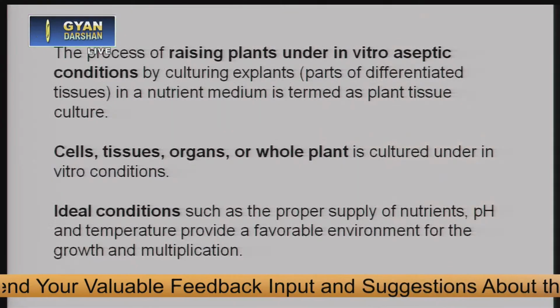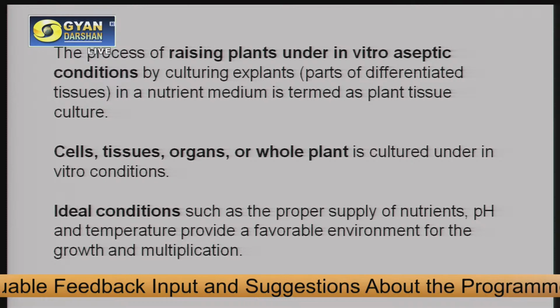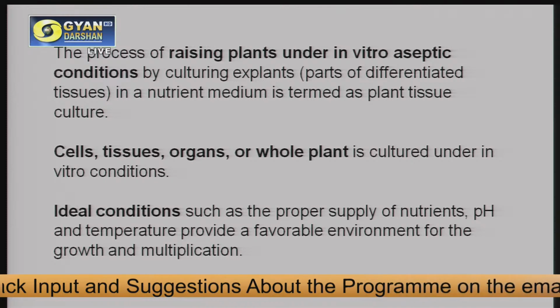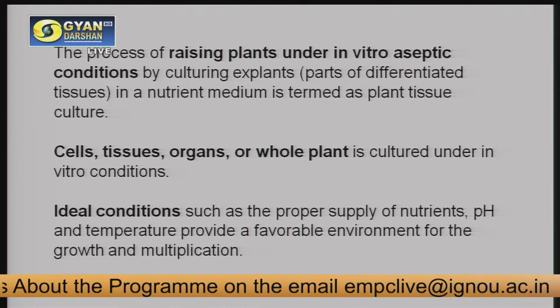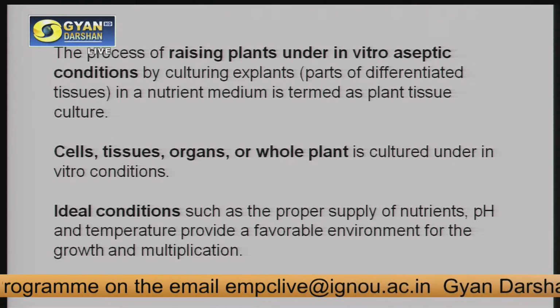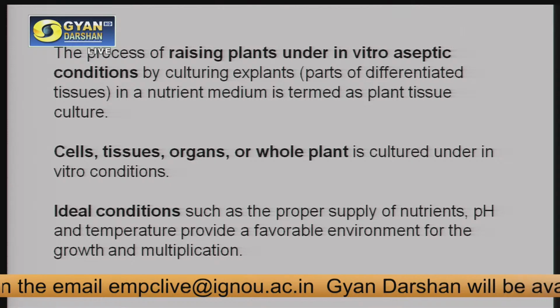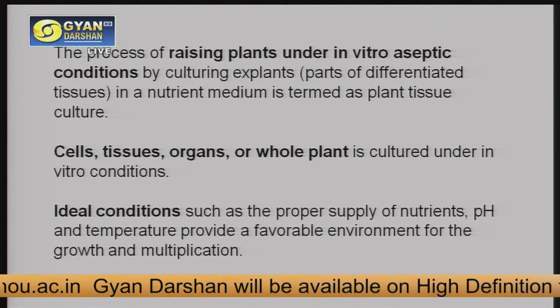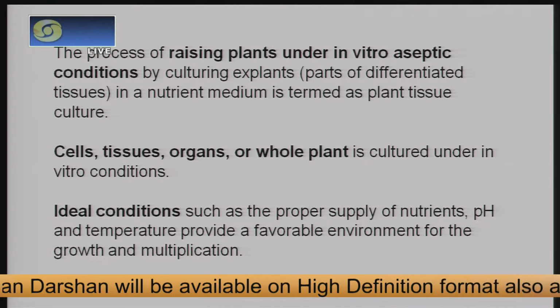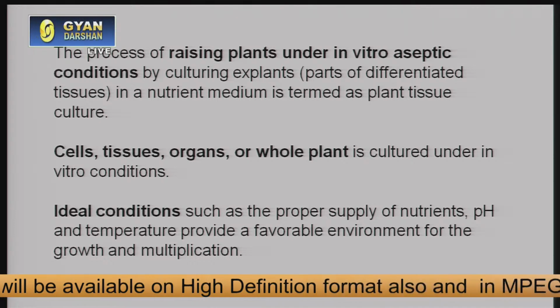Normally we grow the plants in soil or in the field condition, but it is possible that you can also culture any plant cell in a medium, just like you cultured the bacteria in a standard medium.